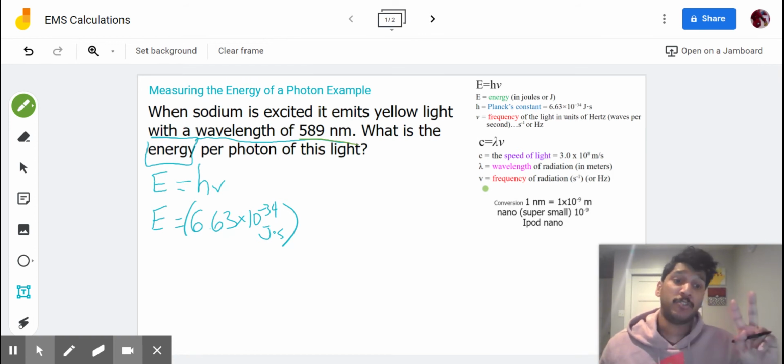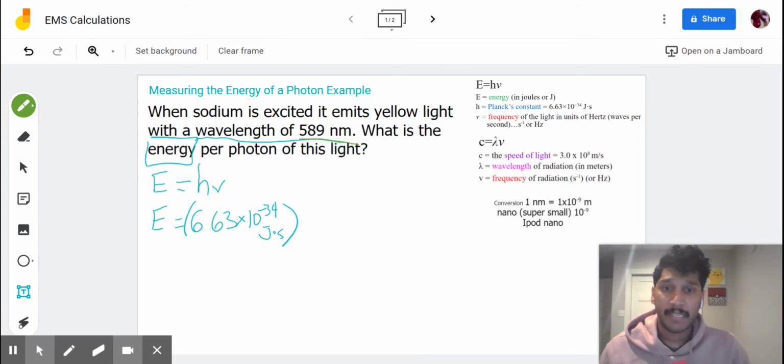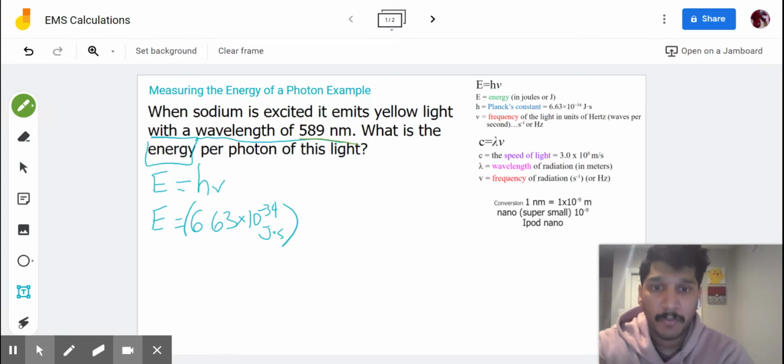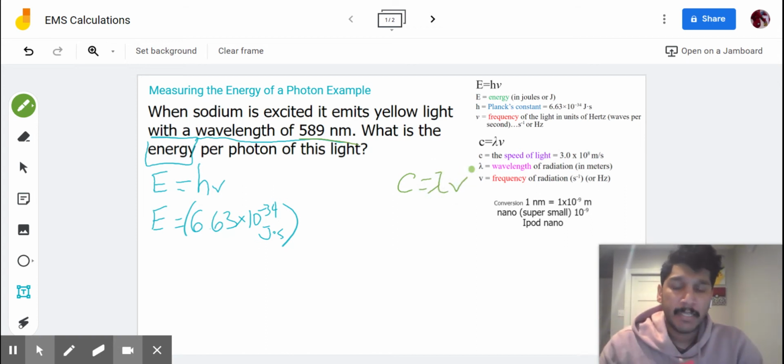So we are given two of the three variables, so we can use that to solve for ν. Let's write down this equation: c equals λ times ν. Because of space, I'm going to rearrange this equation.